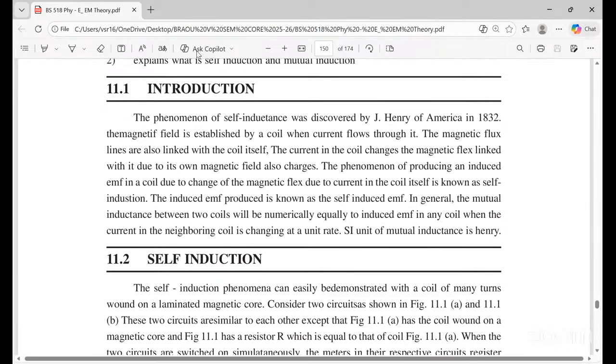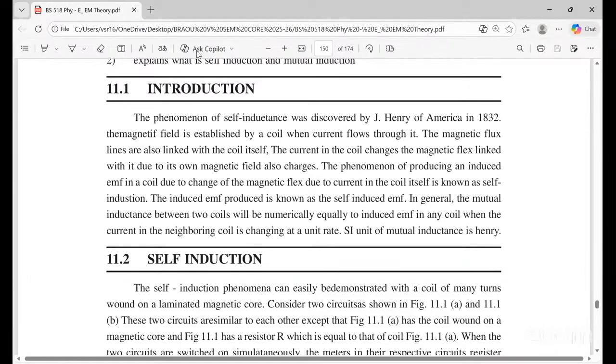Whereas the induced EMF produced in self-inductance, then the mutual inductance takes place between two coils, and it is numerically equal to the induced EMF in any coil when the current in the neighboring coil changes at unit rate.